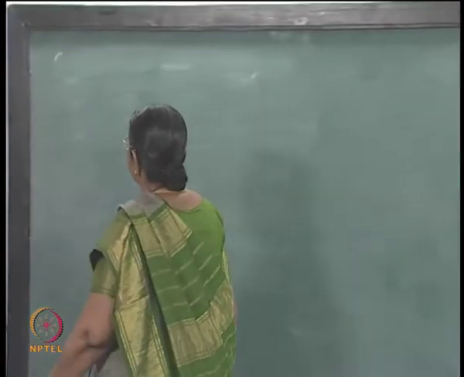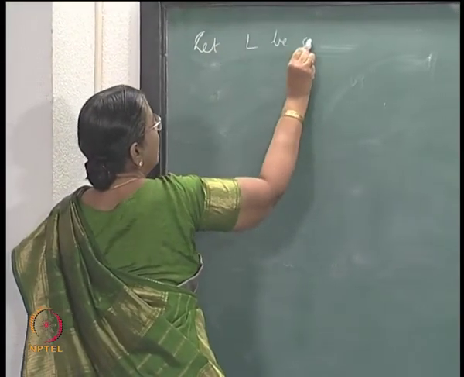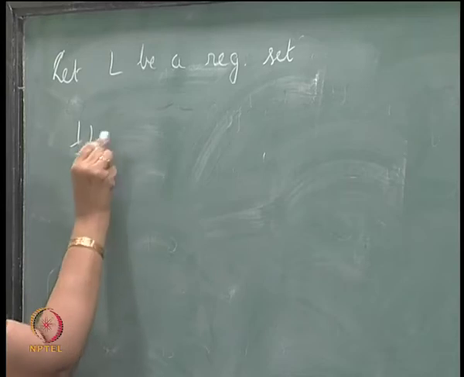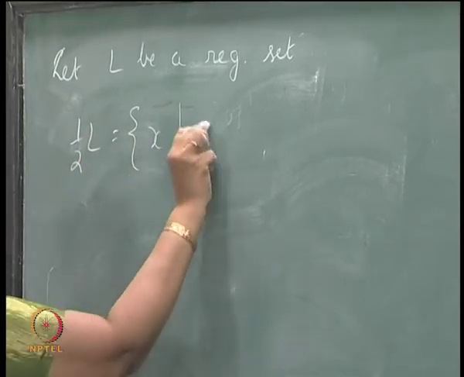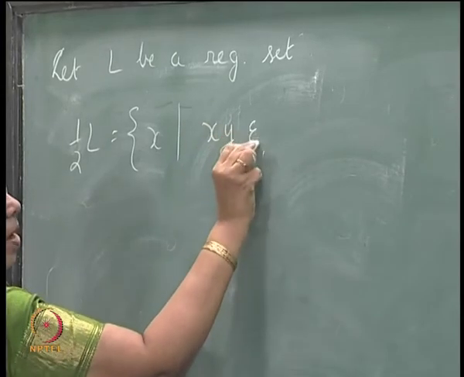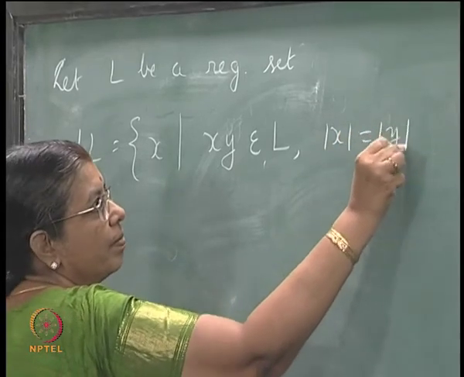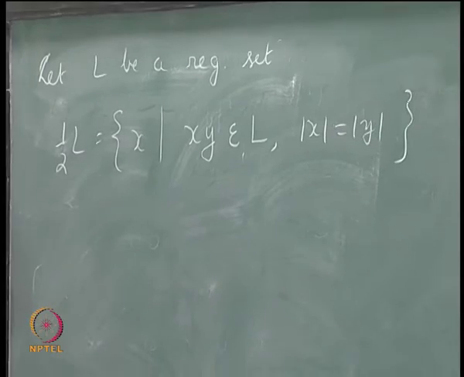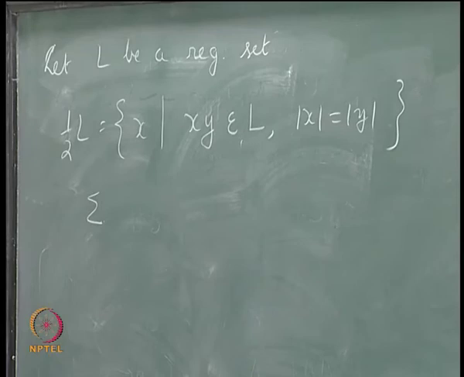Next, we will consider this problem. Let L be a regular set, then half of L is defined as x such that xy belongs to L, length of x is equal to length of y, over an alphabet sigma.